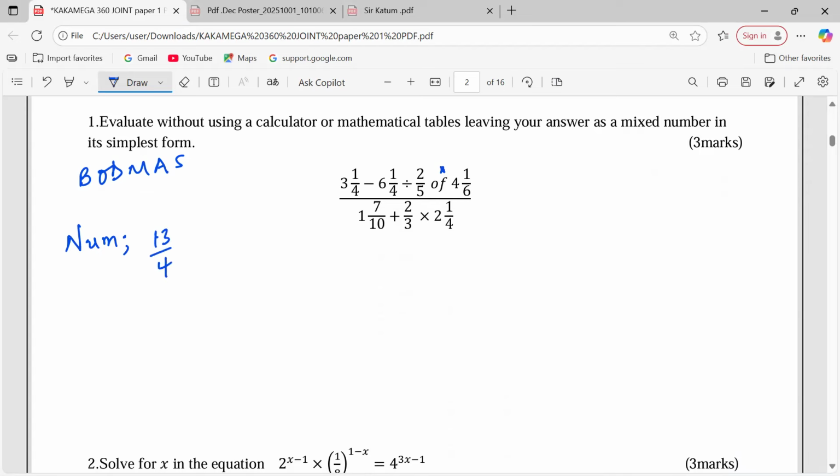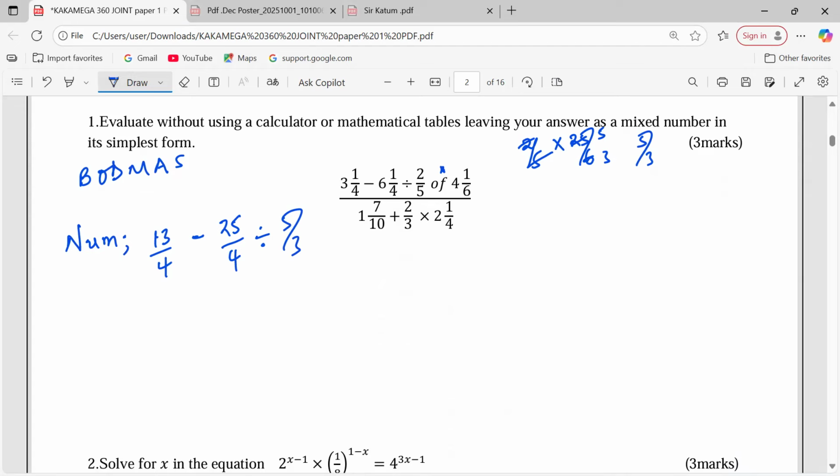That's 13 over 4 minus, we also change 6 1/4 to 25 out of 4. Then this will be divided by, let's deal with this part, which is 2 over 5 of, and of means multiplication, 25 over 6. Now this will be 5, and by 2, we'll get 3 here. So 5 over 3.